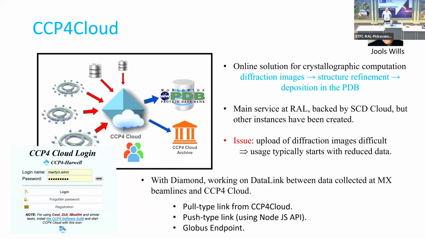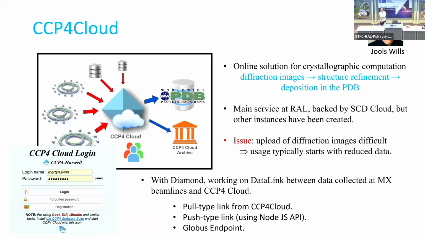So Jules, who's in the audience, I'll name a few people as I go along. Jules has been working on a data link to help the transfer of large data sets, particularly diffraction data sets, to and from the CCP4 cloud service. And there's an API set up now, which will allow you to push data to CCP4 Cloud.